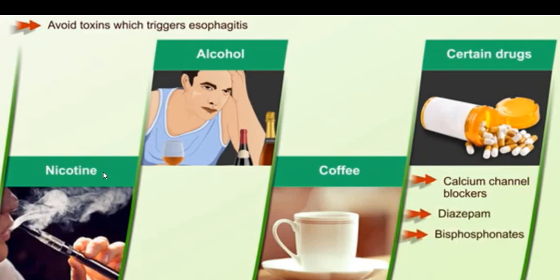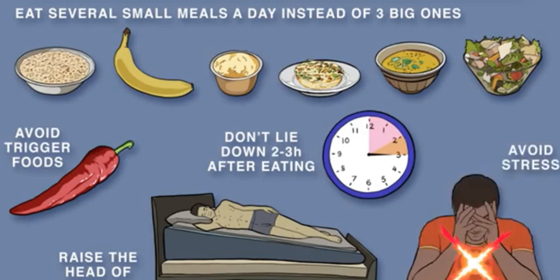Avoid alcohol, nicotine, coffee, and drugs like calcium channel blockers, diazepam, bisphosphonates, nitrates, NSAIDs, steroids; all those drugs should be avoided. Eat several small meals instead of big meals. Avoid spicy food. Don't lie down within 2 to 3 hours after eating. Avoid stress and always have head elevation.